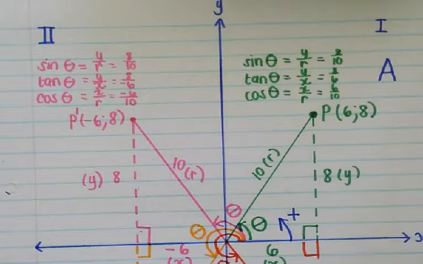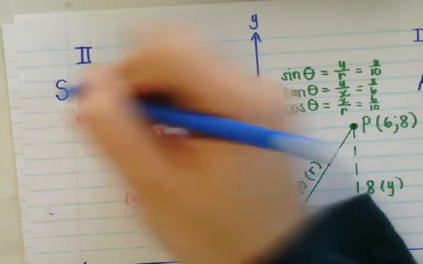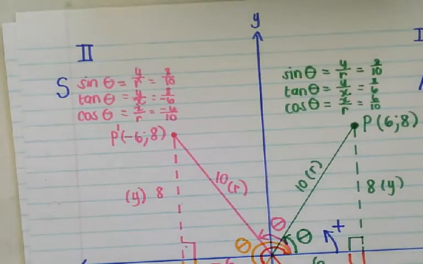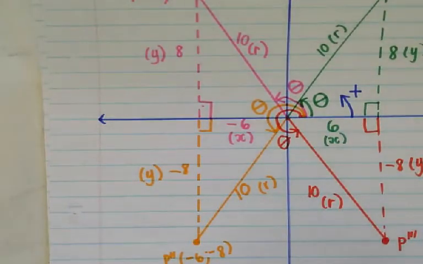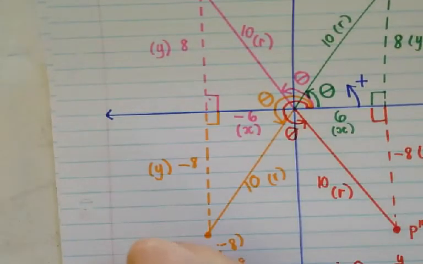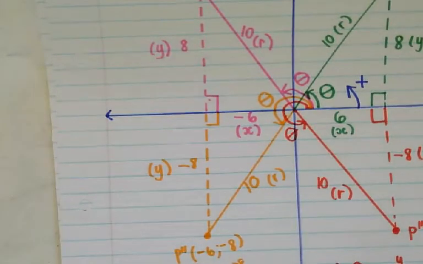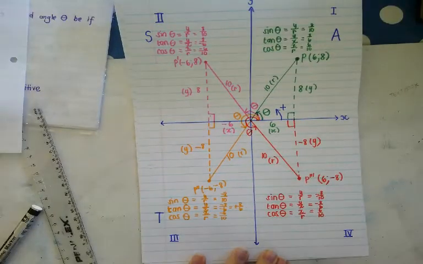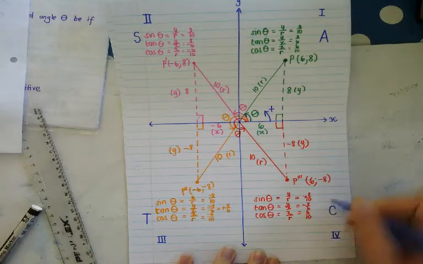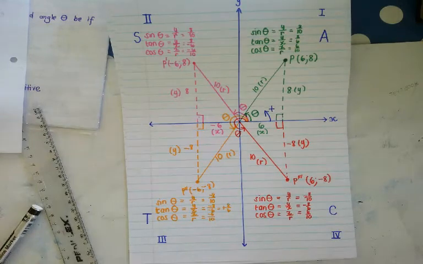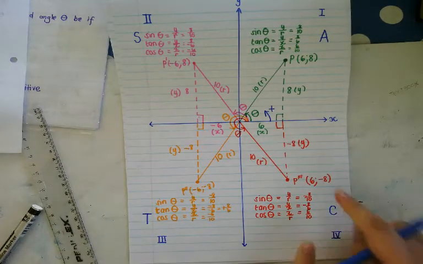Which one is positive? And the other two? Negative. I'm going to write the letter S. Sine is positive. What about quadrant 3? Tan is positive, so I'm going to write the letter T. Zooming out of it. And my fourth quadrant, cos is positive. And we refer to this as the cast diagram.